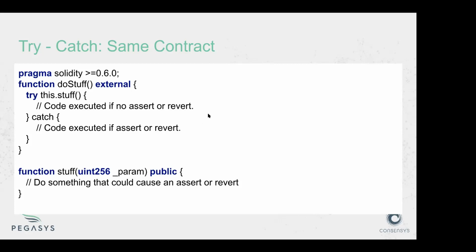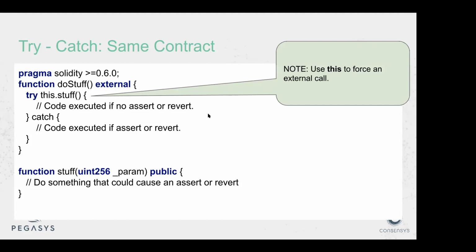When you're using this on a function in the current contract, you're actually forcing Solidity to do an external call to your own contract. That costs a little bit more, not a lot more, but it costs more gas to do it that way. But by doing that, you're able to catch asserts and reverts that happen in the functions.